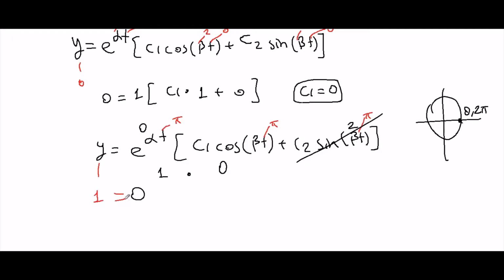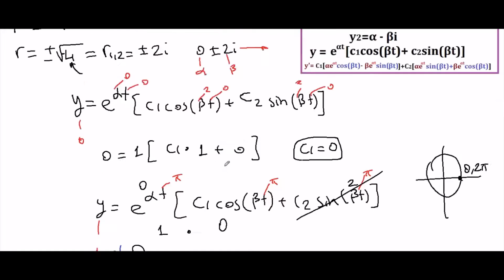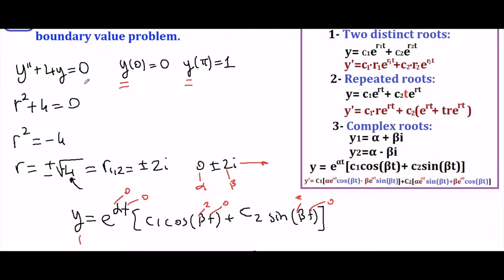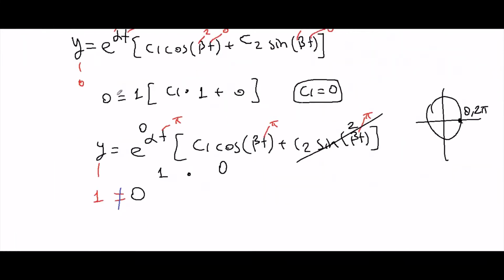This is not possible algebraically. So this equation has no solution. So eventually this differential equation has no solution when we plug in the given initial values. There is no solution.